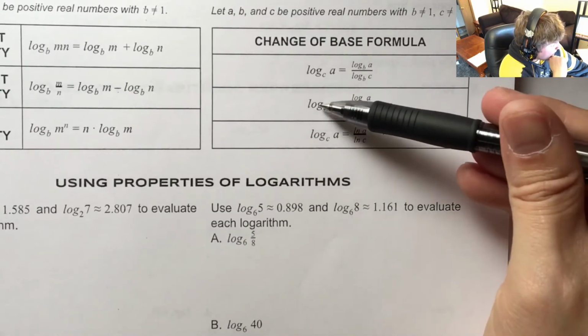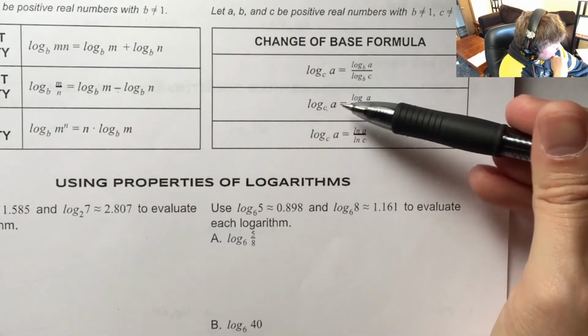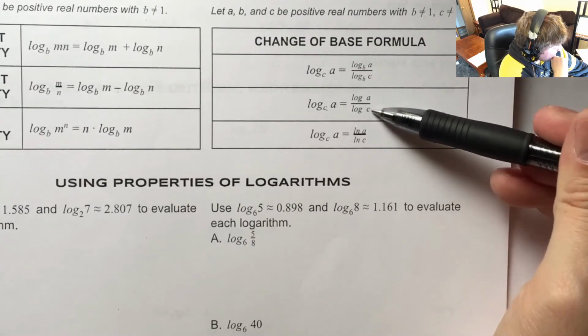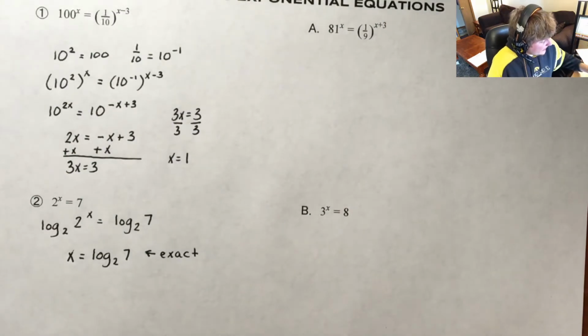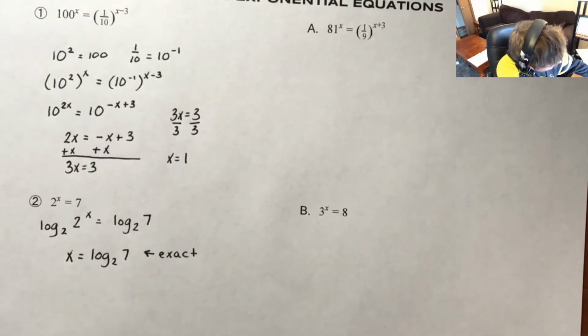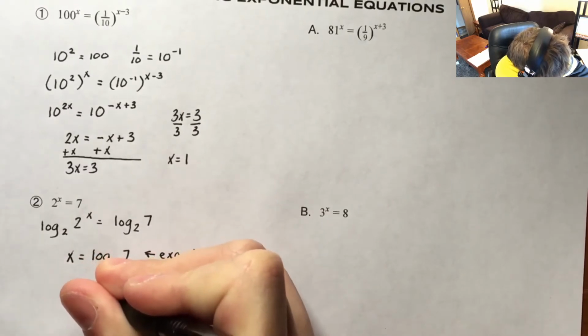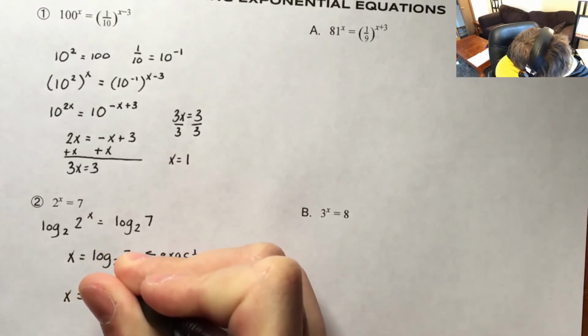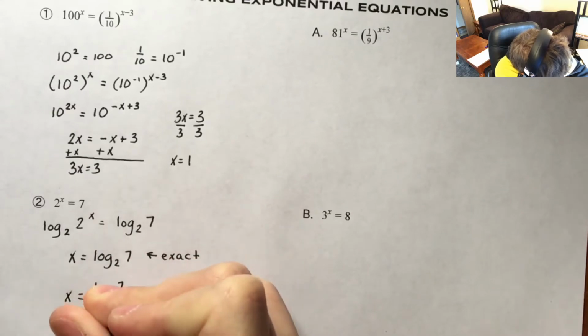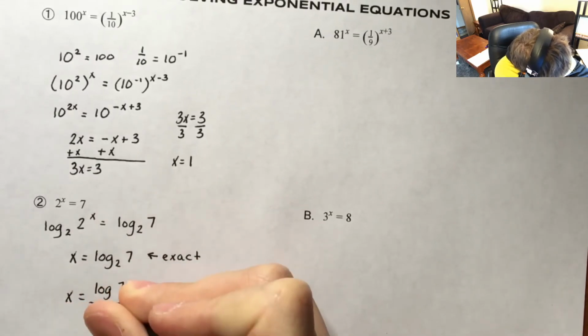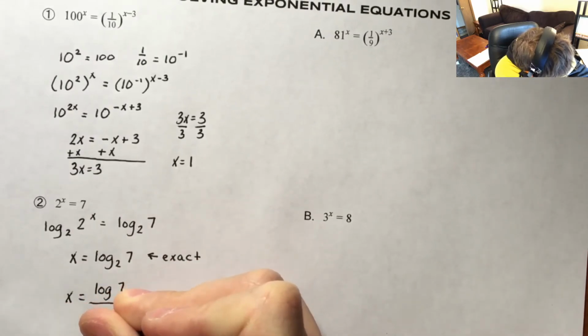We can take log base 10 of A and divide it by log base 10 of C. The change of base formula says that I can say this is equal to log base 10 of 7 divided by log base 10 of 2.